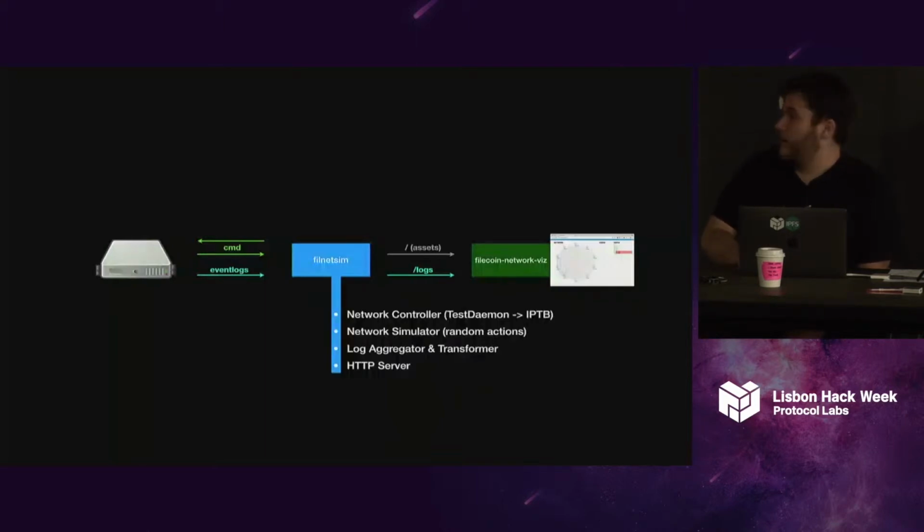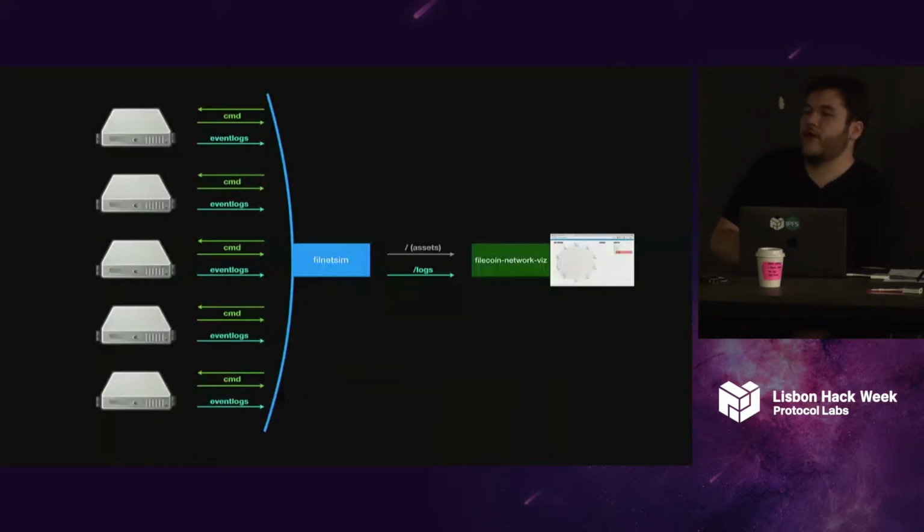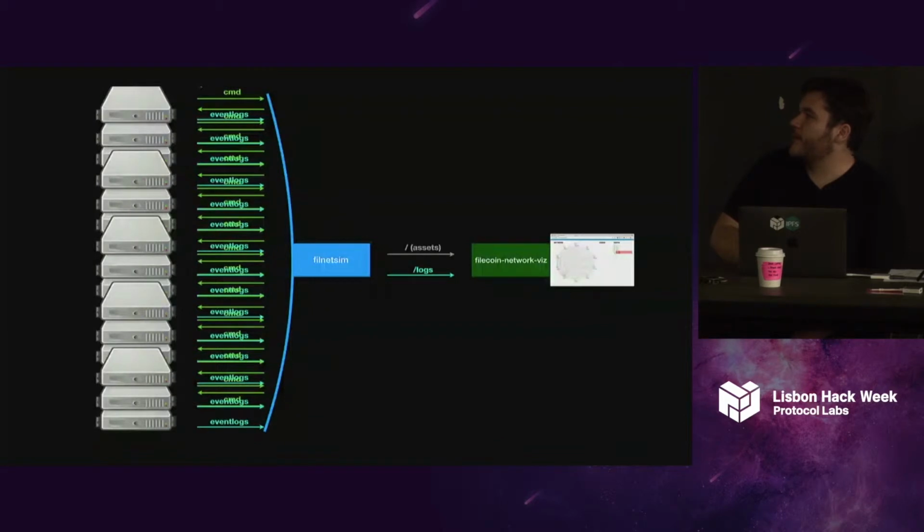That includes a network controller, a simulator, and so on. I should be able to do that over all of these programs, and I can put in as many as I want. And the cool thing is that not only can this work on a simulator on my computer, this should work over any nodes. I should be able to grab random nodes, right?